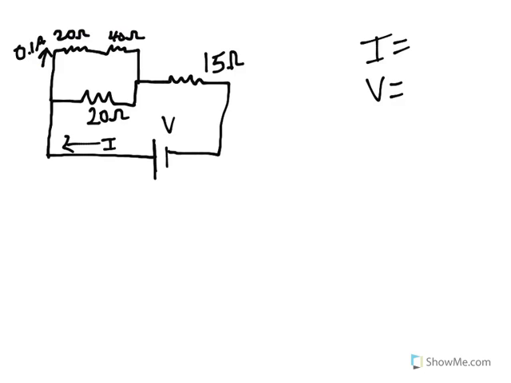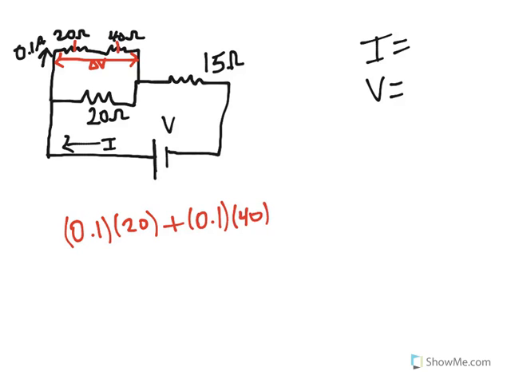Now what I can do is solve for the potential difference across here, and that's going to be the total of the potential difference of this resistor and this one. So I have to do 0.1 times 20 plus 0.1 times 40.